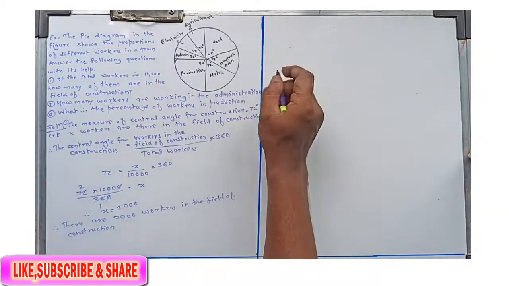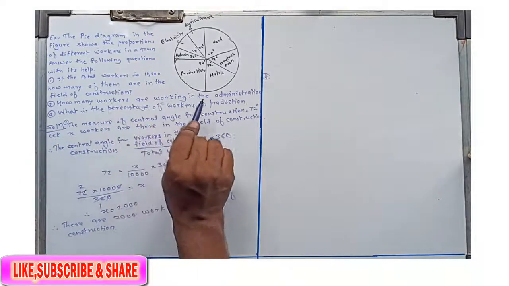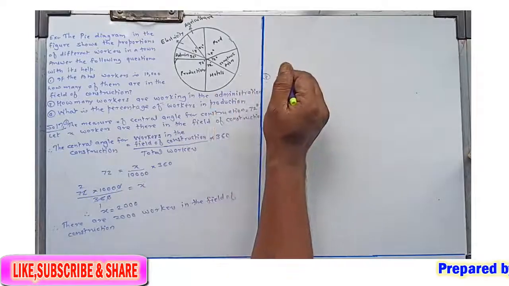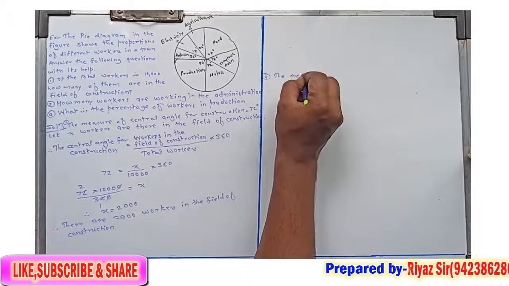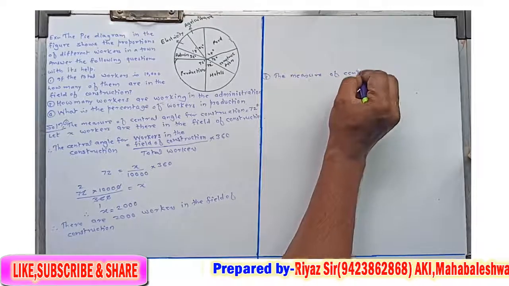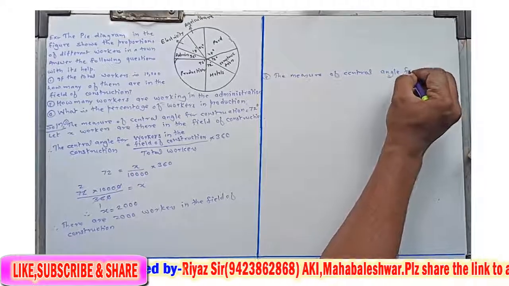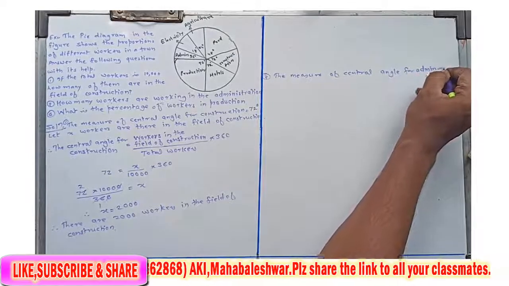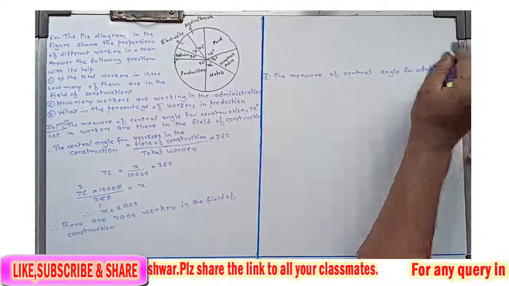Okay, now the second one. Now what is second one? How many workers are working in the administration? Okay, same, we start same like first one. The measure of central angle for admin or administration, for admin it is 36 degree.